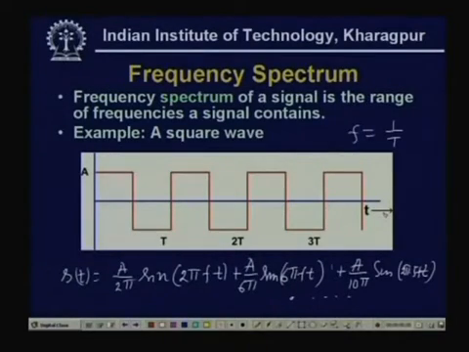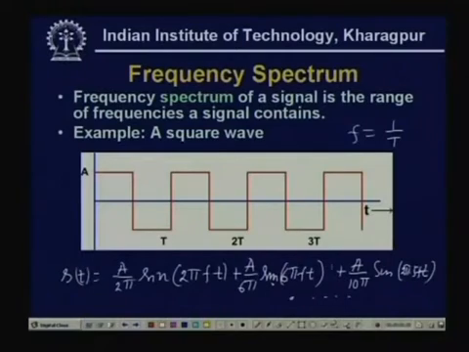But it will have infinite frequency components, all the frequency components starting from f to infinity. However, the components at higher frequencies will have lower amplitude. These are known as harmonics. This is the third harmonic, this is the fifth harmonic, then the seventh harmonic, ninth harmonic and so on, with increasingly lower amplitude.